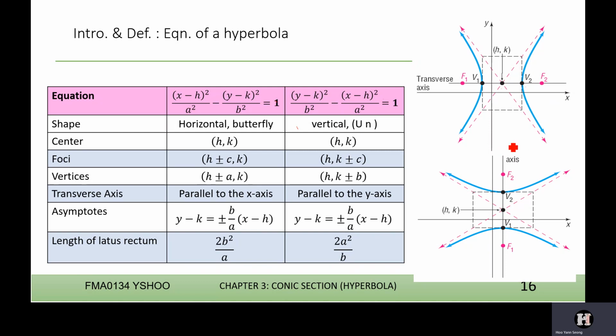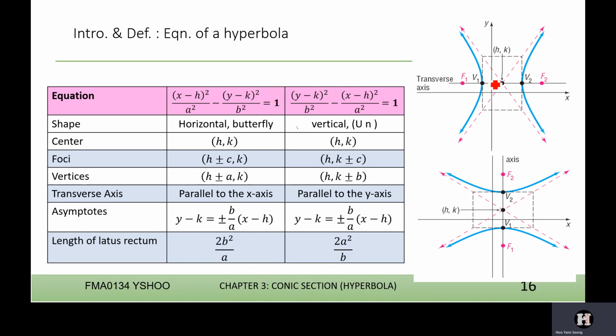So later on, if people give you information that the foci and vertices are on a line parallel to your x-axis, then you know this is a horizontal hyperbola. If it is parallel to your y-axis, it is called a vertical hyperbola.